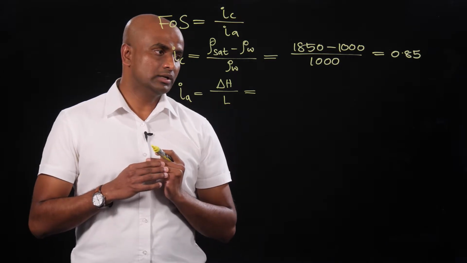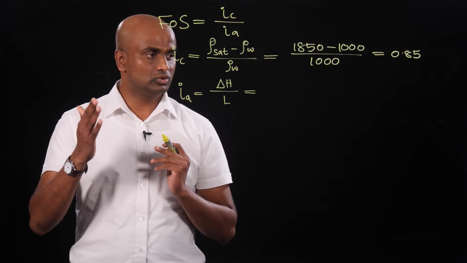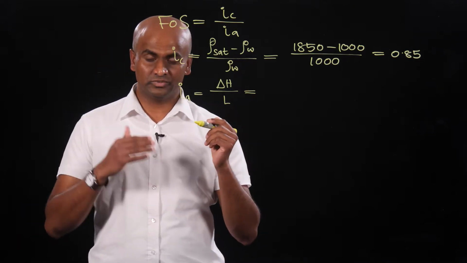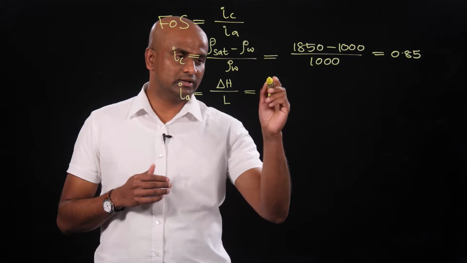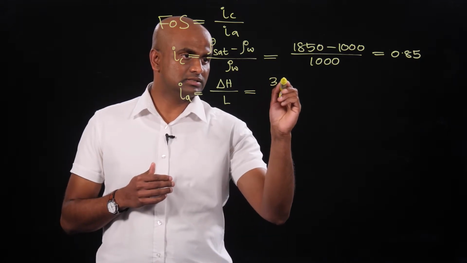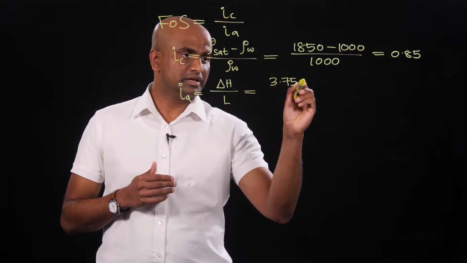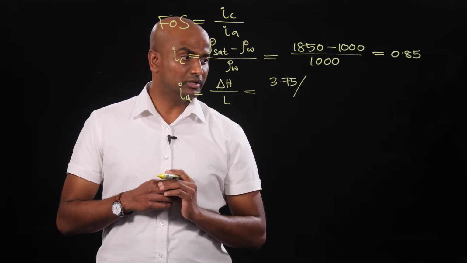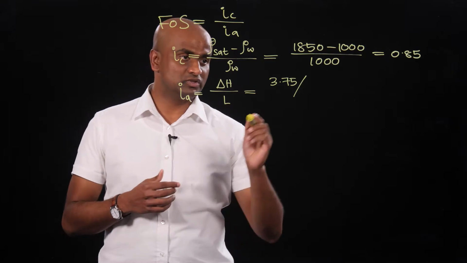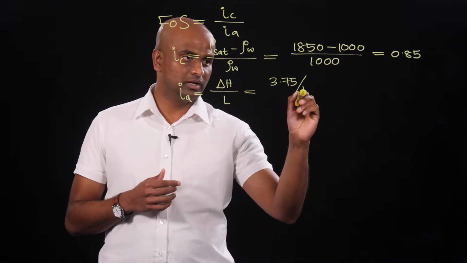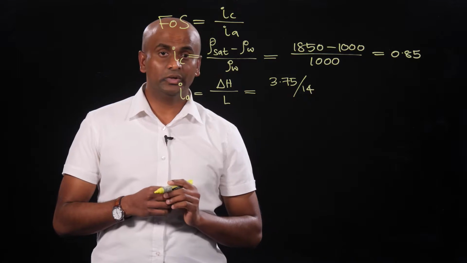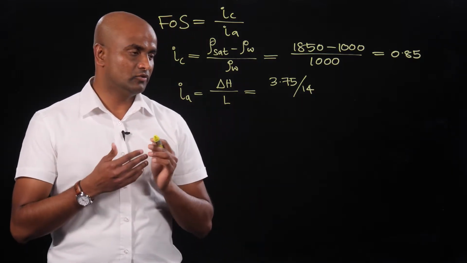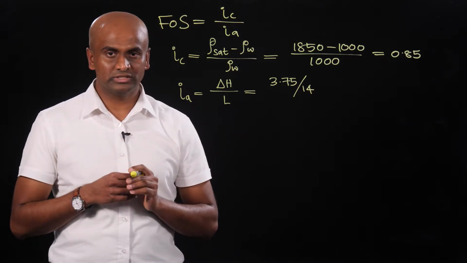So the total head difference across the total number of equipotential lines is the total head difference between the upstream and downstream, which we calculated as 3.75, and we have 14 total equipotential head drops. Therefore per one equipotential head drop there will be 3.75 divided by 14. That is common for any two equipotential head drops.